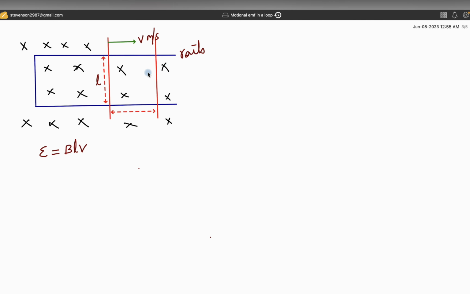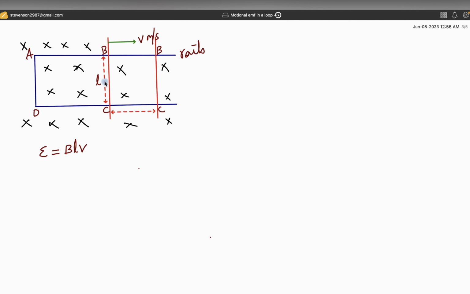Because they are conducting rails and the loop is closed, as the red colored conducting rod is placed on the rails, we have a closed loop. Let us say that closed loop is named A, B, C, D. Initially this was a closed loop, and as the BC section was moving to the right, later BC is here after certain time. So during this time is where the induced EMF was developed.